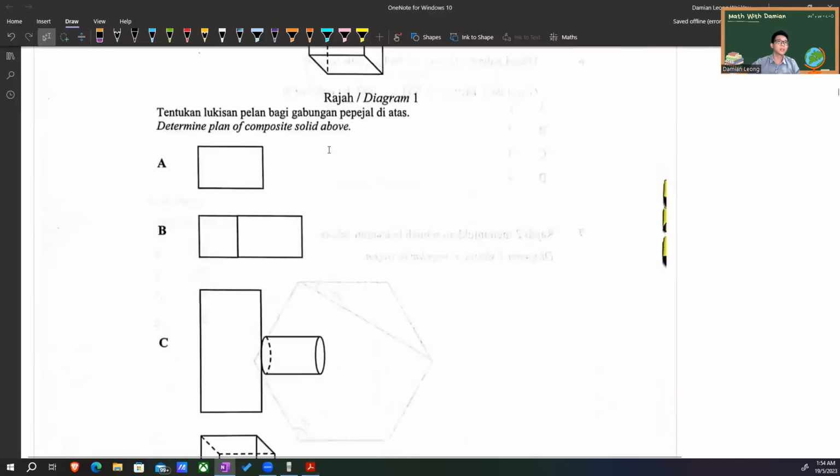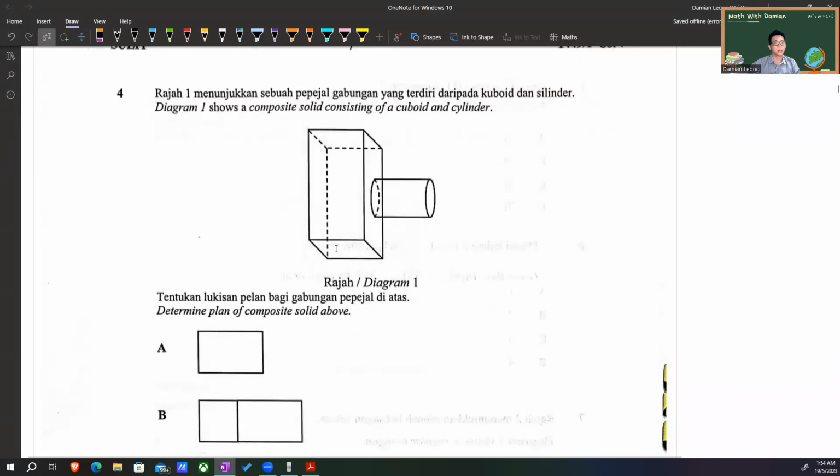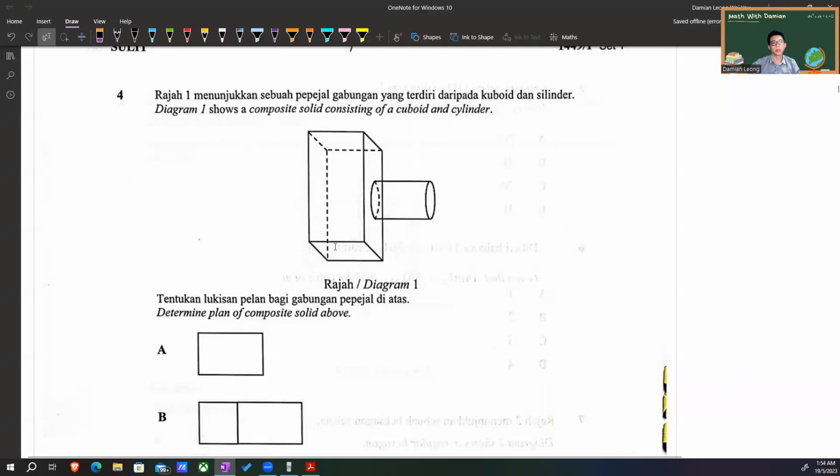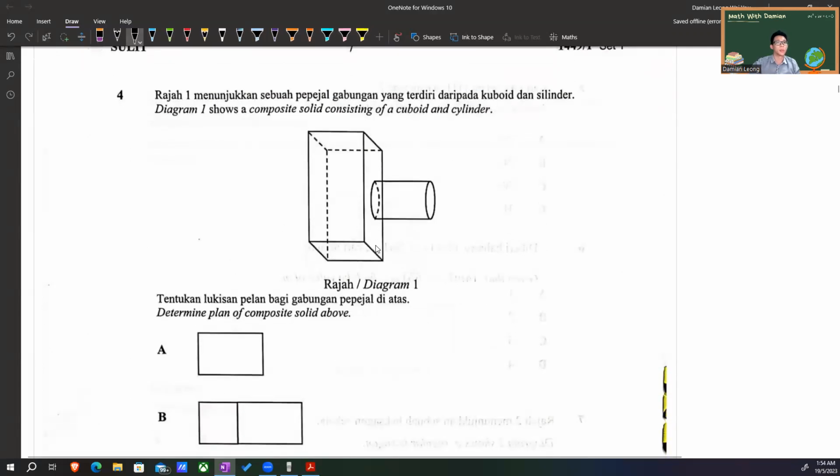The closest one would be B. However, even that is actually wrong, because it's not all the way to the end. Unless this is actually like this, all the way until the end, then it would be B. So this is a question problem.